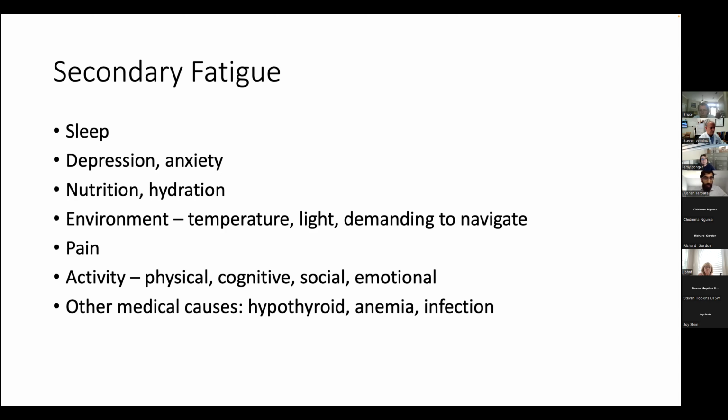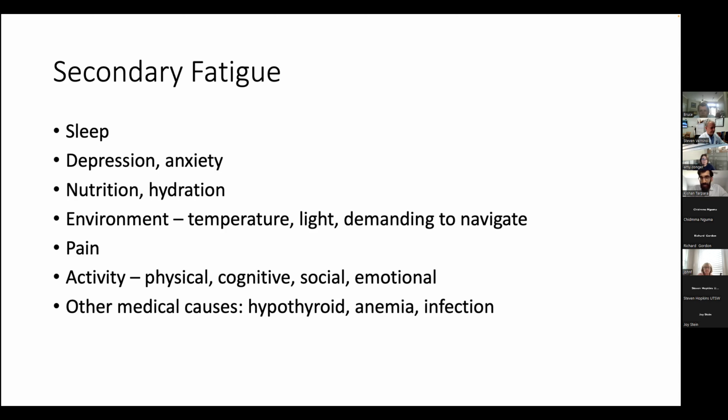So talking to your doctor, seeing if this is something that's going on, and finding out what we can do about it, either seeing a therapist or psychiatrist, that can be helpful in managing that aspect of it. Anxiety can contribute to poor sleep quality and drive fatigue as well. Nutrition and hydration. So we talked about being in the heat and orthostatic hypotension.